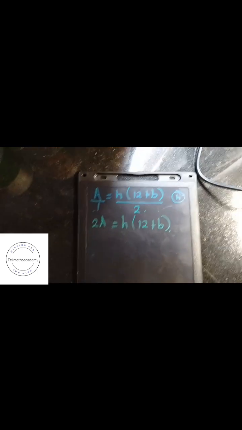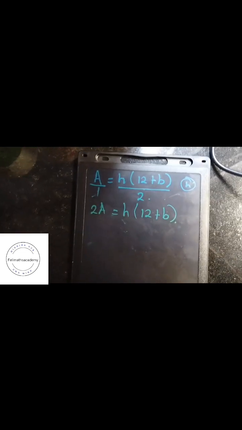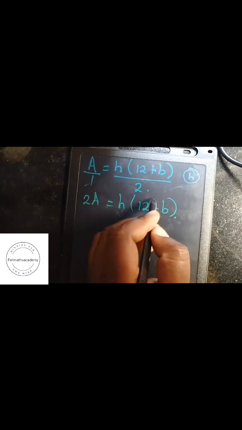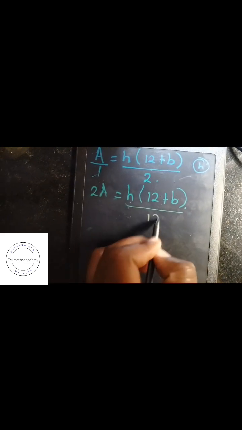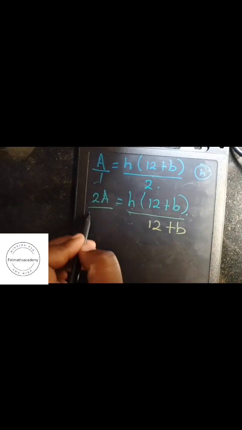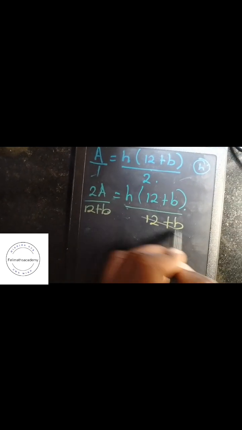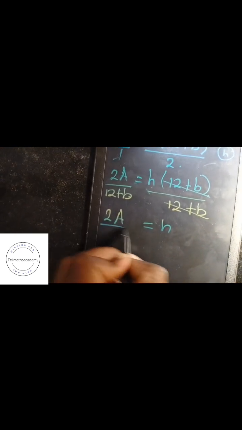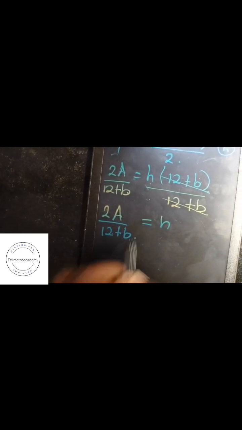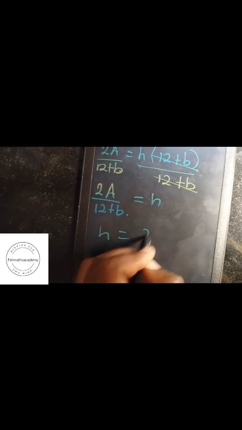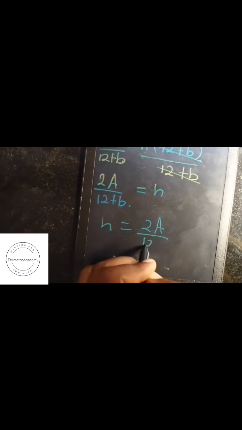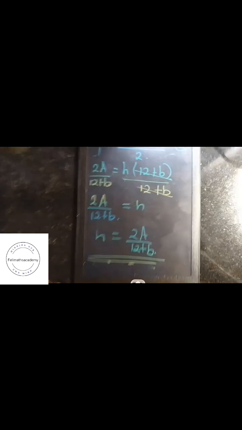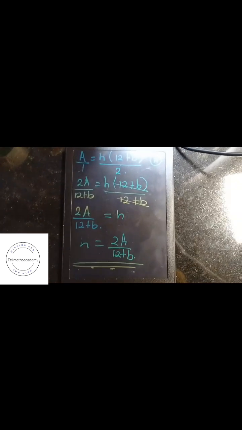So to remain with H, since H is multiplying by this bracket, we divide both sides by that bracket, 12 plus B by 12 plus B. So we have H being equal to 2A over 12 plus B. So our H is equal to 2A over 12 plus B. Right, so we've made H the subject of formula there.